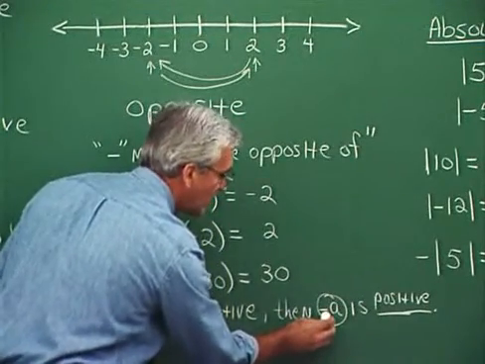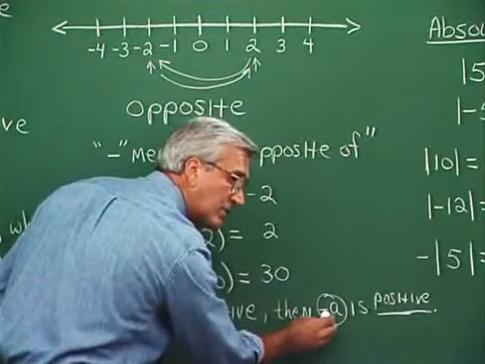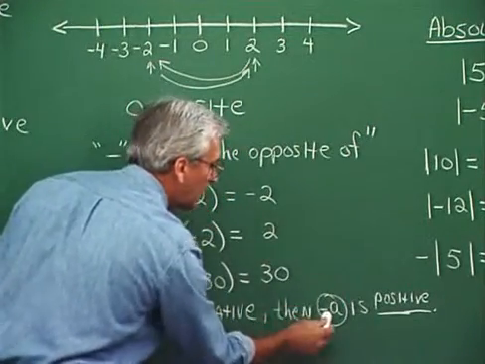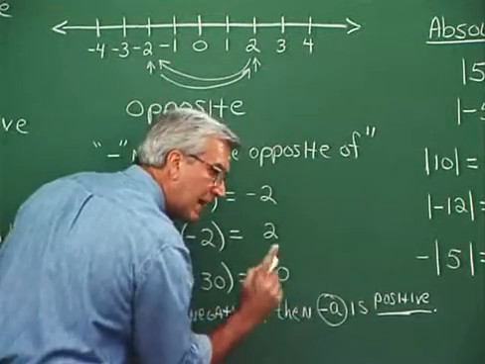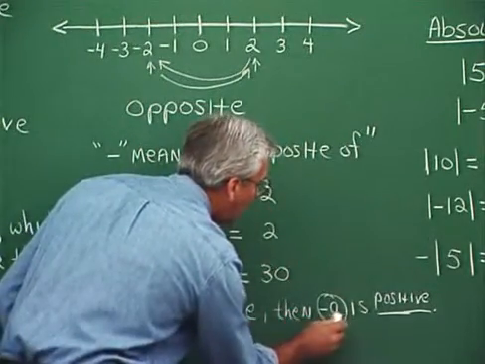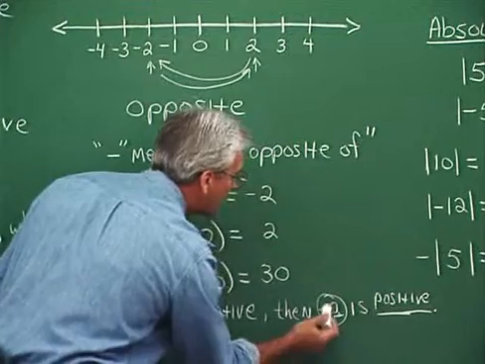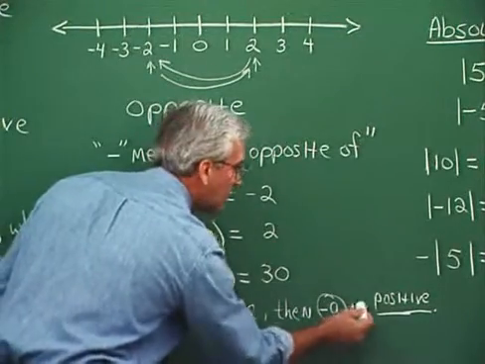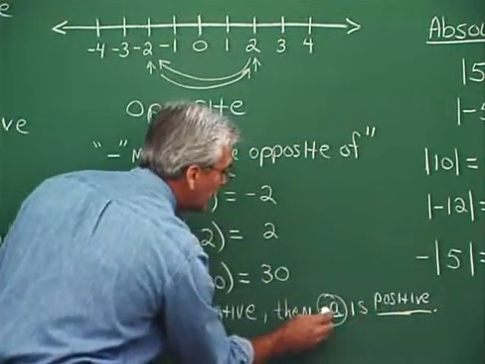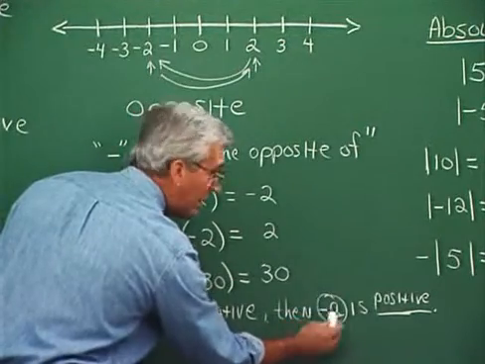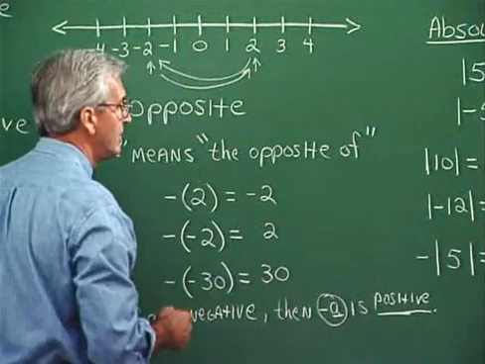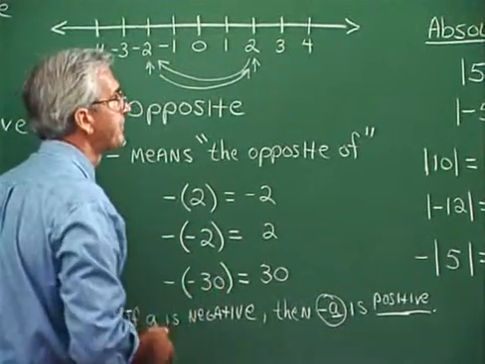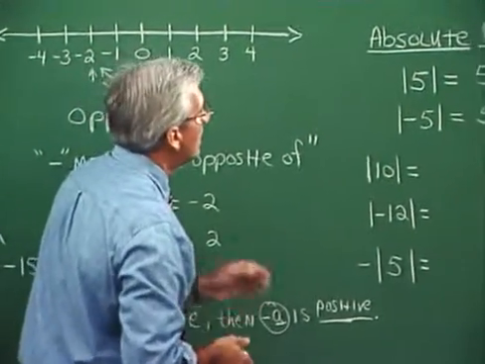That symbol says negative or minus, and we tend to think that every time we see that, we are representing a negative value. But if A itself is negative, then this is the opposite of a negative number, which makes it positive. So it's possible to use this symbol with a variable, with a letter, and still be representing a positive number. Kind of an important idea.